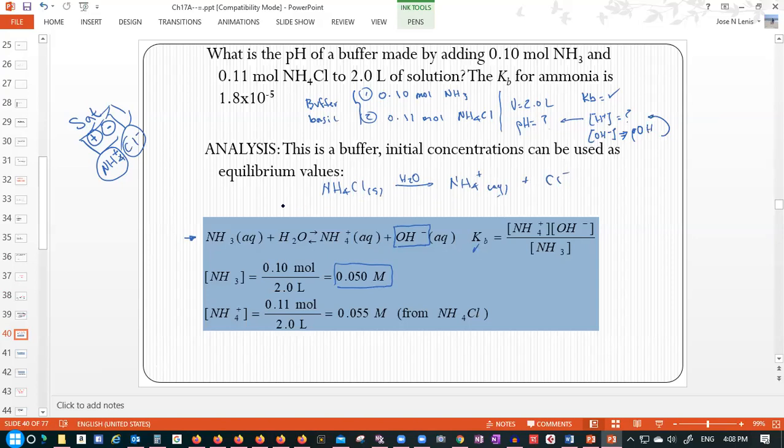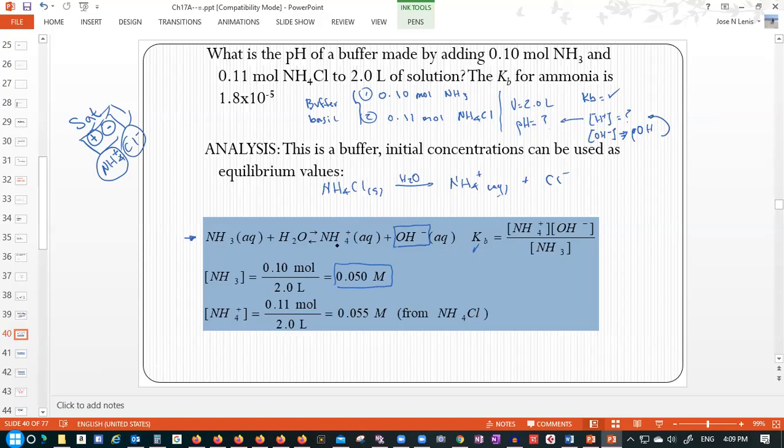Of course, the ionization of ammonia is going to produce some. At the equilibrium, there's going to be some of this. That's your x. You remember we did it last time? A table for the dissociation of just ammonia, finding x and x at the equilibrium.